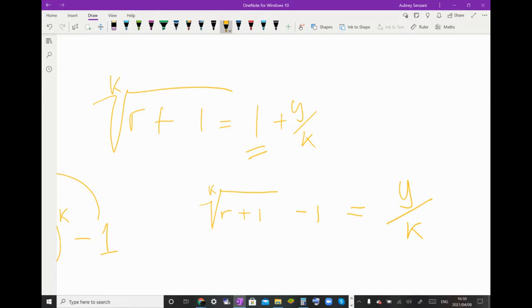Okay, and then remember we want to now remove the k so that we can isolate y. So we're going to have to times k, and do the same on the other side, times k, which would then remove that, and that's what we then have as our final answer.